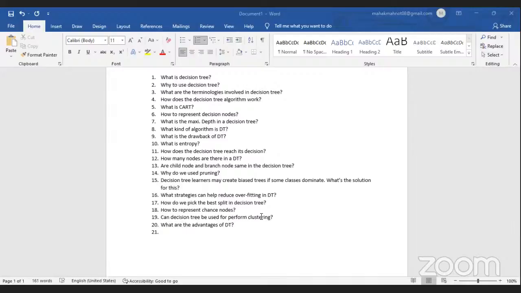The uppermost decision node in a tree that relates to the best predictor is called the root node. To select a root node is the main task while creating decision tree. So it should be the best predictor, because on the basis of this, your whole tree structure will develop.